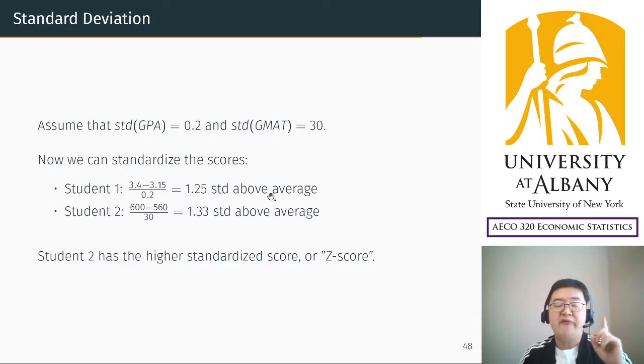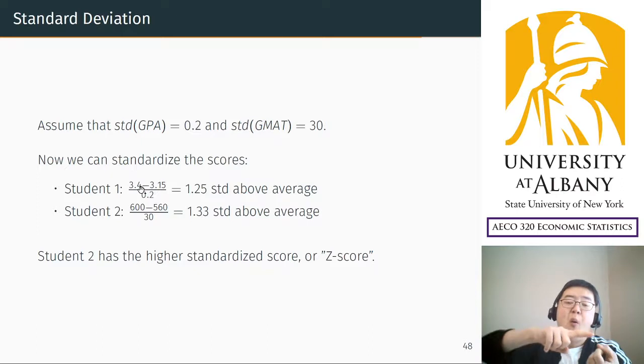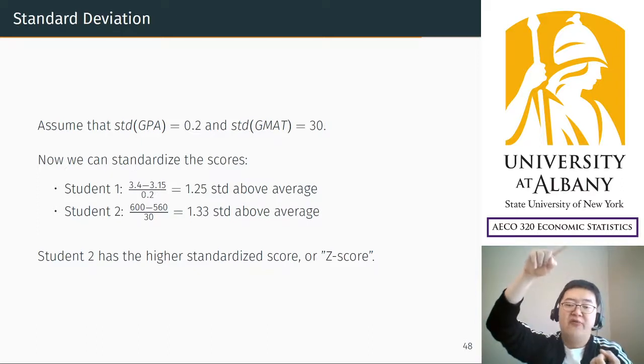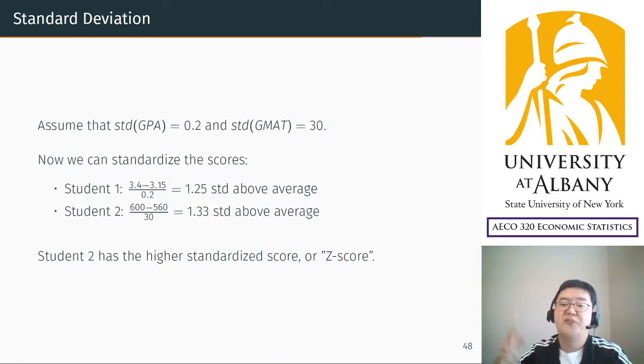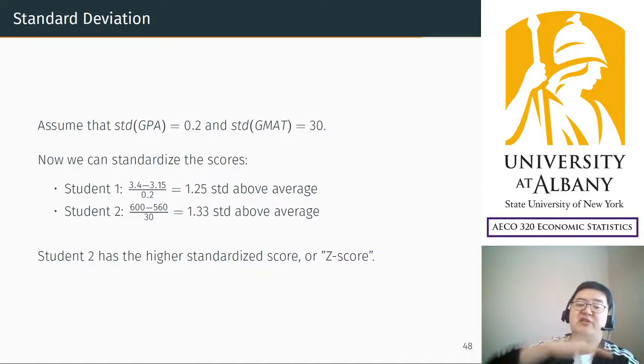If you interpret standard deviation as a typical unit, a typical distance from the center of the observations, then this student is 1.25 above the average. Standard deviation is a measure of the distance from the center. So 1.25 standard deviations is how much it deviates from the average. So we subtract the mean and divide by the standard deviation.